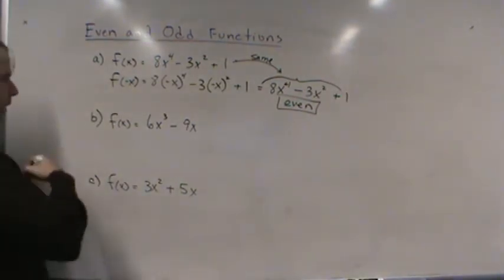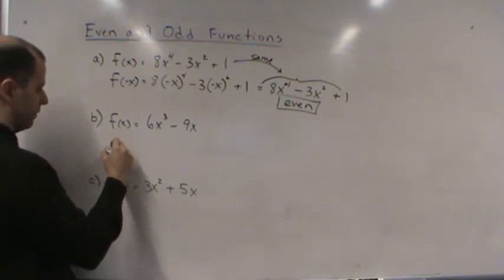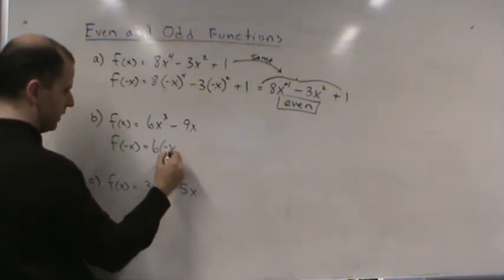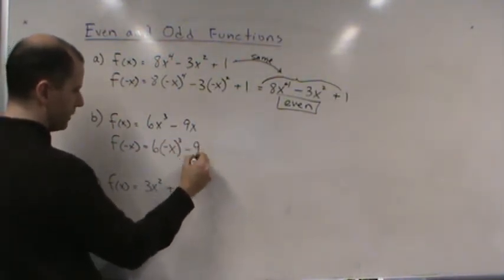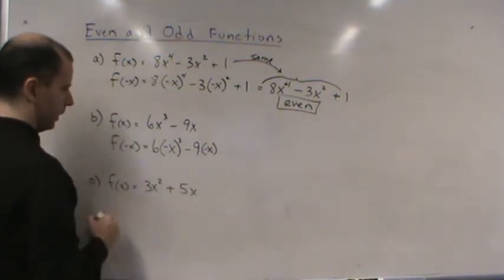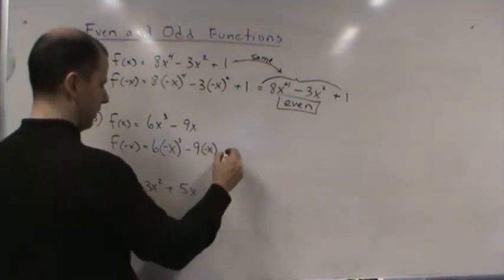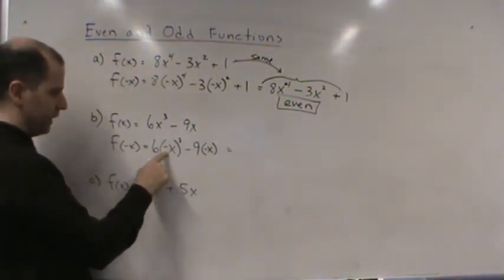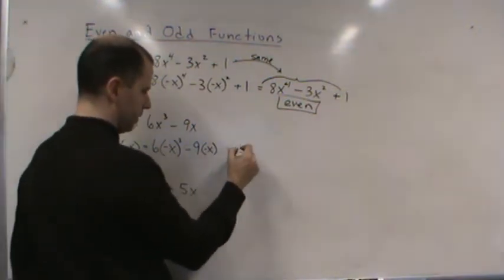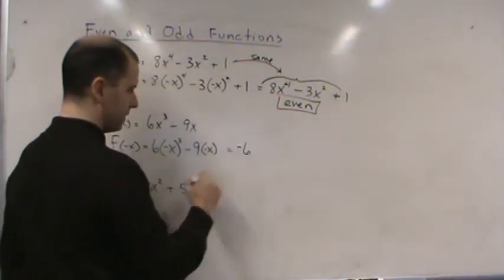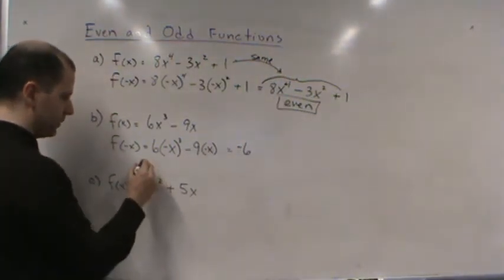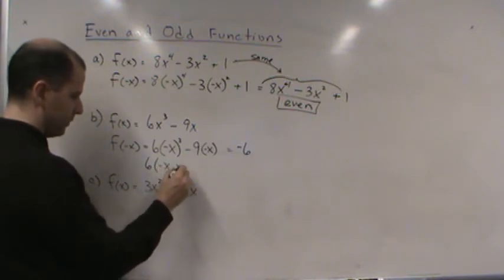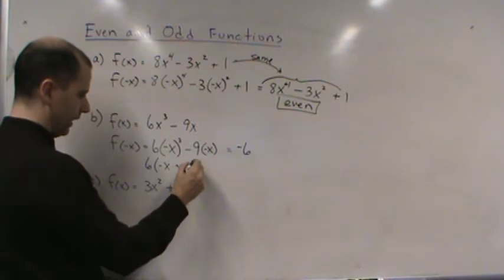Okay. Now let's look at the next one. Let's see what we get here. Again, we're going to replace x with negative x. So we get 6 times negative x quantity cubed minus 9 times negative x. Now, since this is odd, this is going to give me a negative x cubed, so this is going to end up giving me a negative 6. If you don't see that, just think: it's negative x times negative x times negative x.